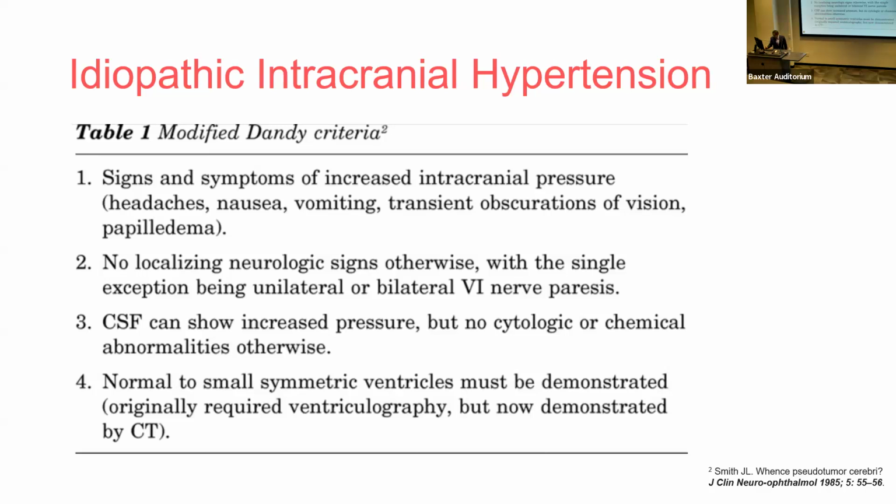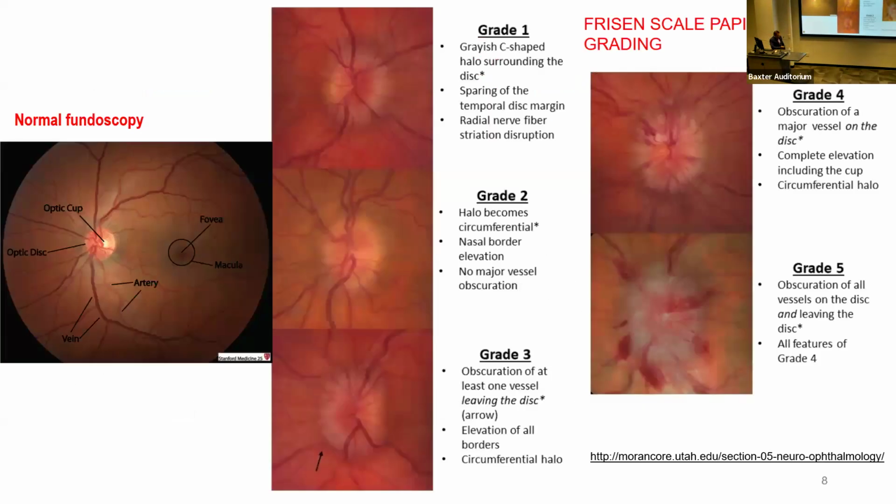That's the main thing. As I was saying, papilledema is one of the key parts of this problem. This is a normal fundoscopy, and these are all the gradings. It's important that we are clear about this. We see so many patients who have the diagnosis of IIH, are on medications, and are being treated.